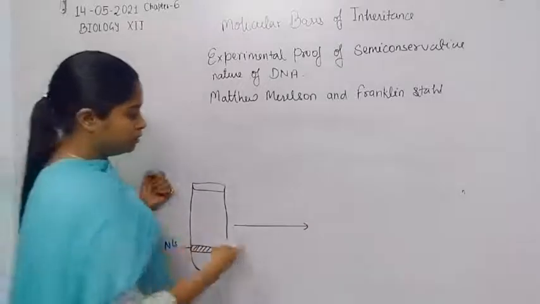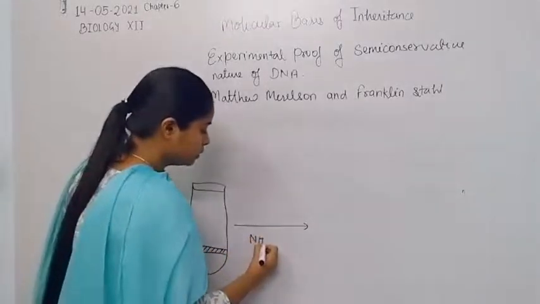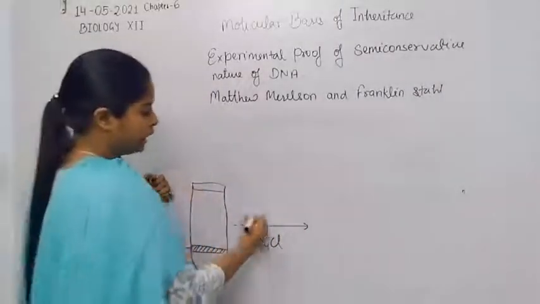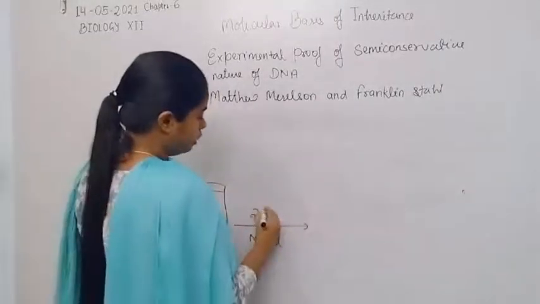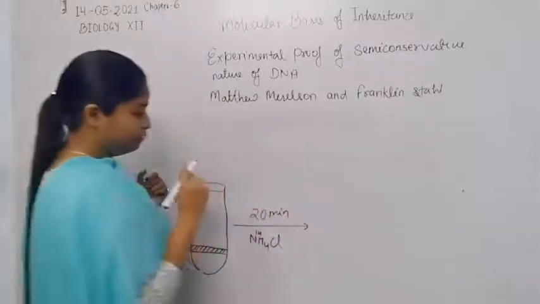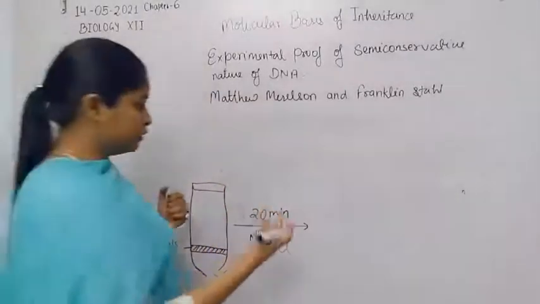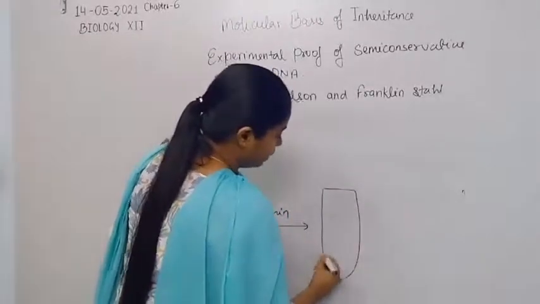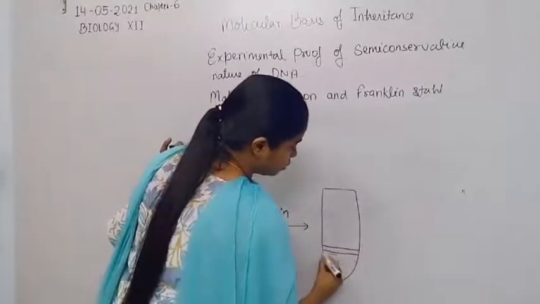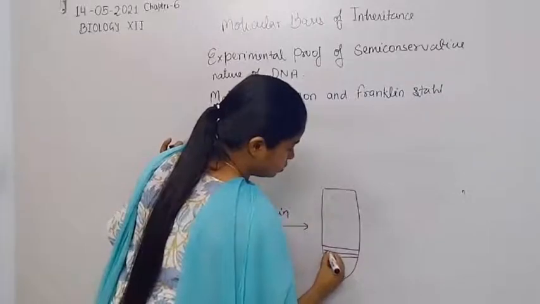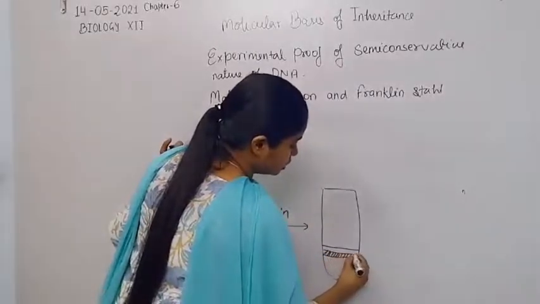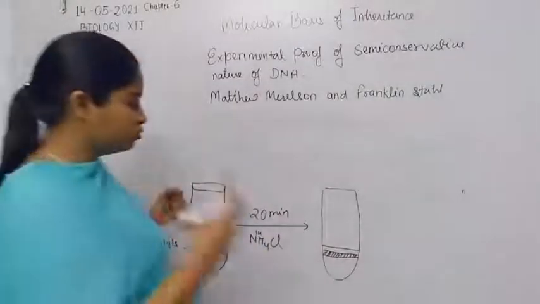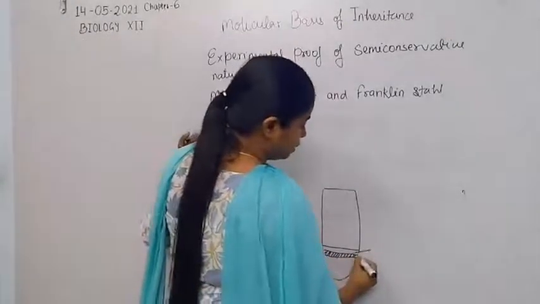In the N14 ammonium chloride medium, after 20 minutes the bacteria reproduced, so two bands appear, but both bands are very close to each other, which means they represent two types of strand.